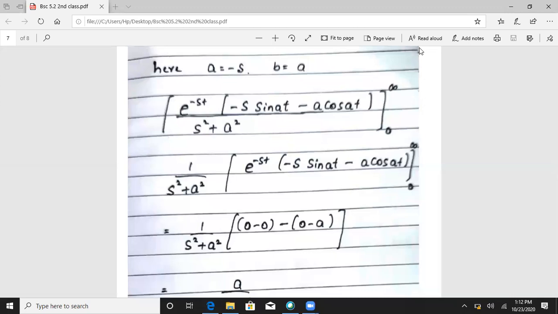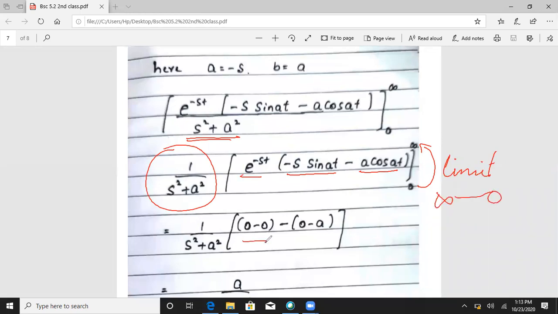And we simplify this function. The constant value of s square plus a square we keep outside, then the remaining e to the power minus st into the bracket minus s sin at minus a into cos at. And our limit is 0 to infinity. When we apply this limit, it is upper limit minus lower limit. We get 0 minus 0, minus of 0 minus 0.